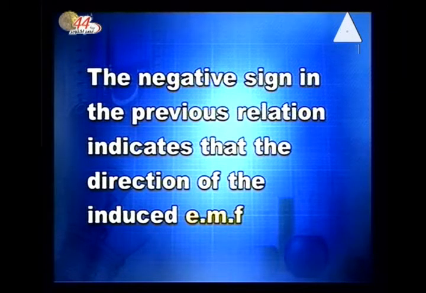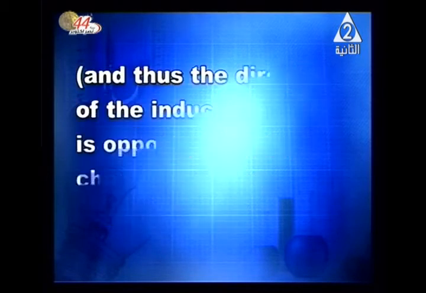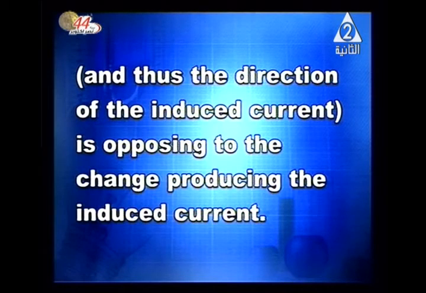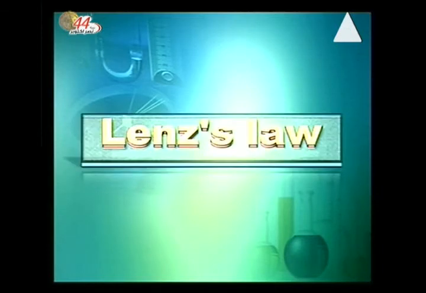It indicates that the direction of the induced EMF, and thus the direction of the induced current, opposes the change producing the induced current. As I said, this is Lenz's rule or Lenz's law. What about Lenz's law? And this is very important.